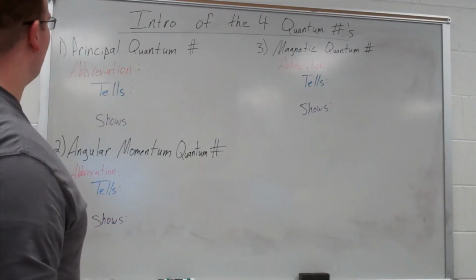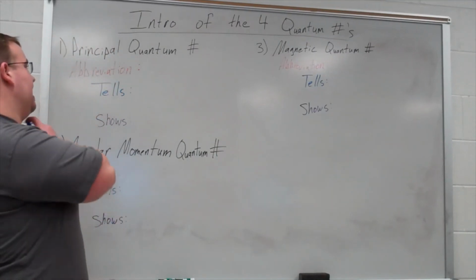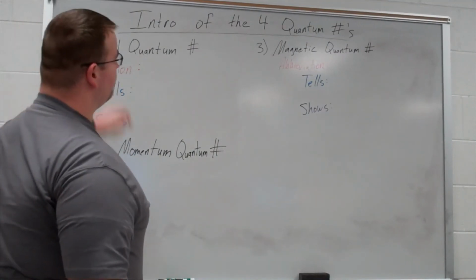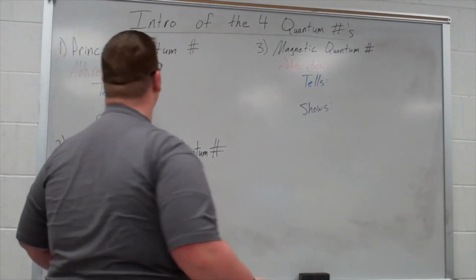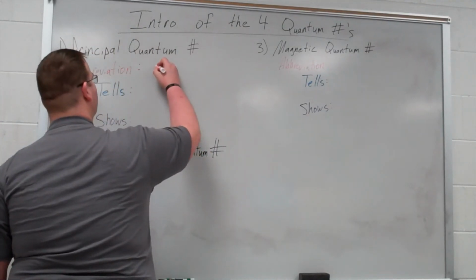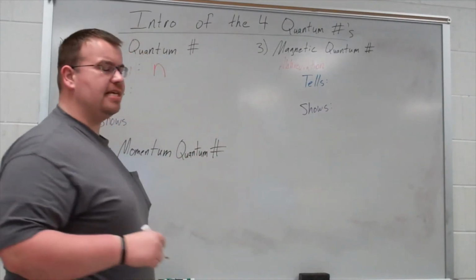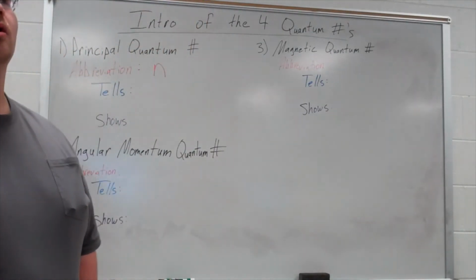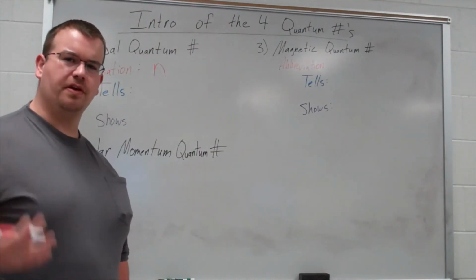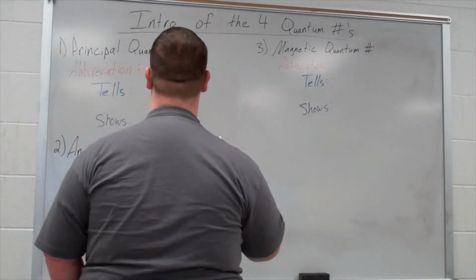The first thing we're going to look at here is the abbreviation of these. The abbreviation of the principal quantum number is just a lowercase n. This should look familiar to you, because when we were doing those electron configurations, I told you that n was our energy level.